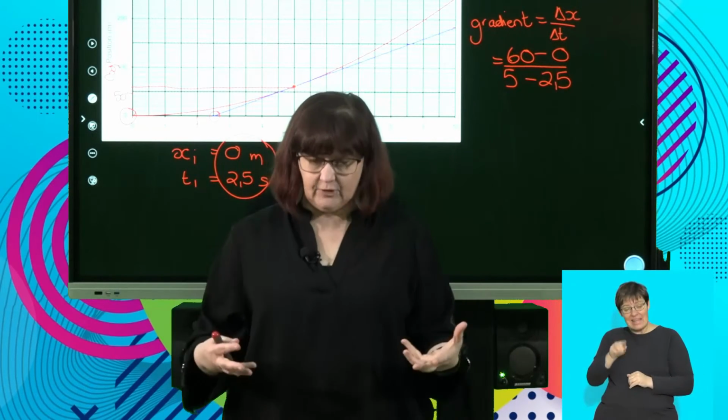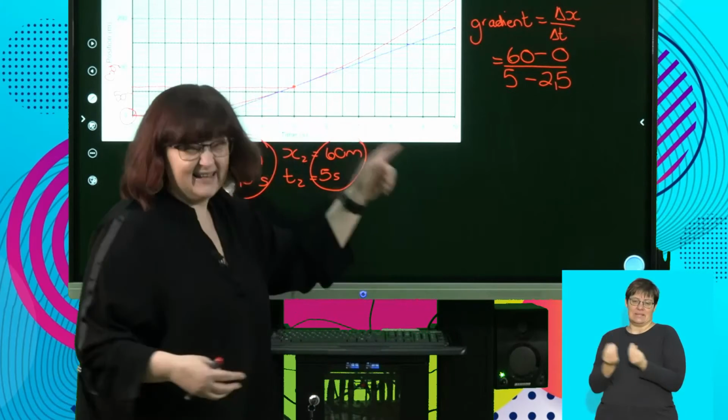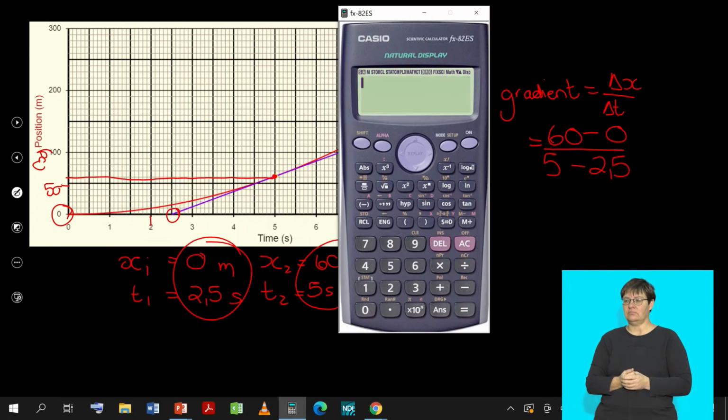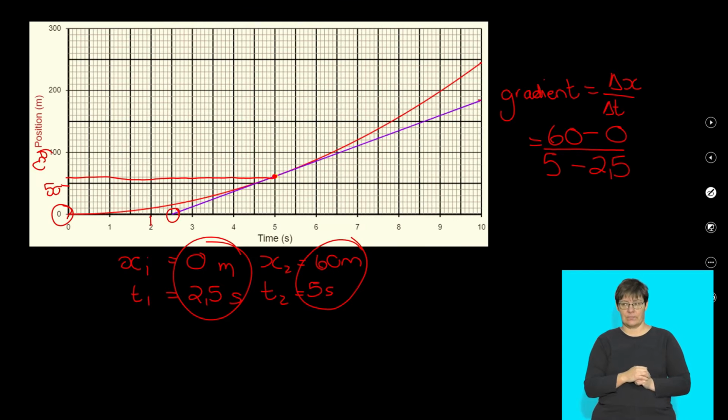It has meaning for us. We're going to need to use our calculators for this. So we get our calculator out, and we go 60 minus 0 divided by 5 minus 2.5, and I get 24. So over here, 24 meters per second.